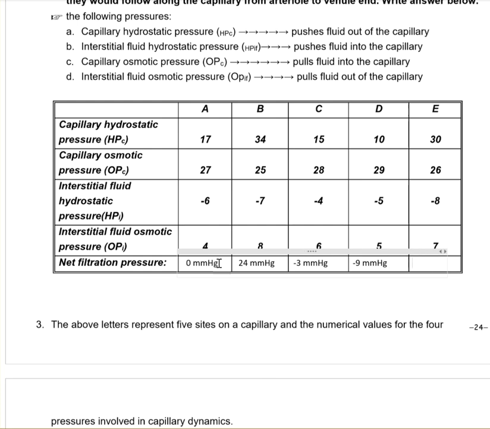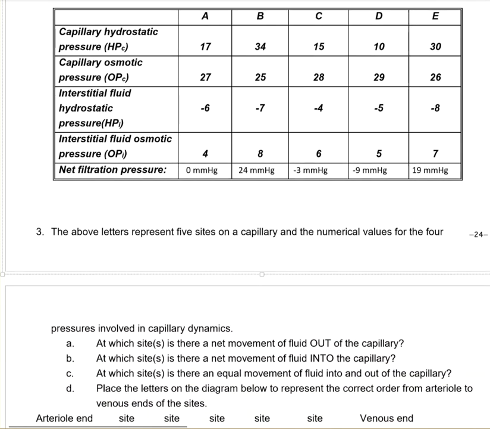And for this last one, I got 19 millimeters of mercury. Okay, did you get all those same values? I put 10. Why did I put 10? It's supposed to be 19. Sorry, 19. There we go. All right, did you get all those values? If you didn't, go back and check your work. Make sure you're doing it correctly. Make sure you were reading it right. Those are the correct numbers.